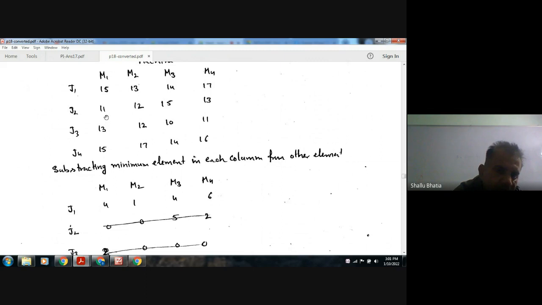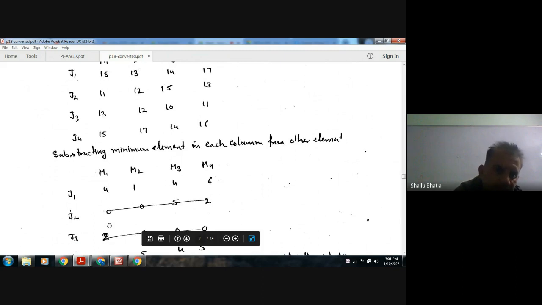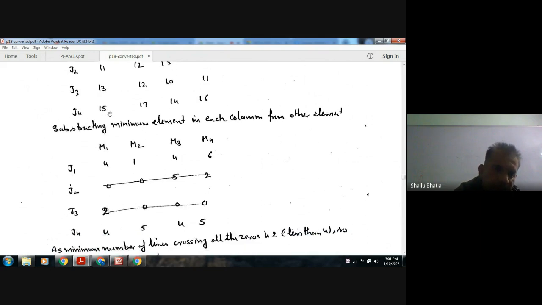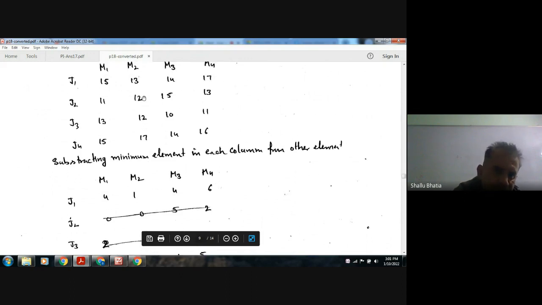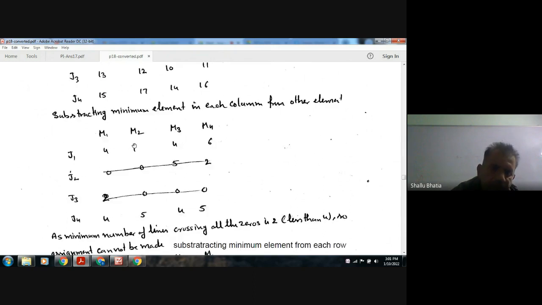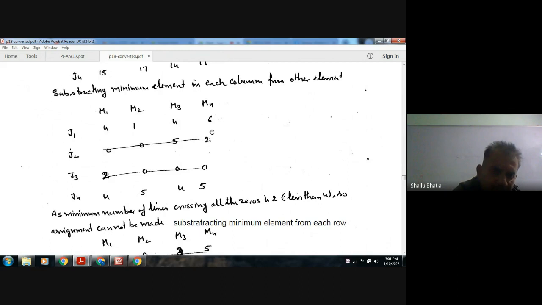So 11 minus 11 is 0, 15 minus 11 is 4, 13 minus 11 is 2, and 15 minus 11 is 4. Similarly we perform the calculation in the other columns. In this column the minimum is 12, so here will be 0, 0, 1, 4. Similarly we can perform it in these two columns.